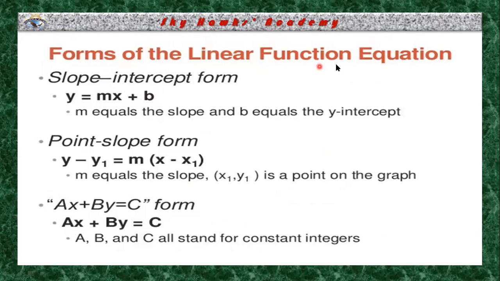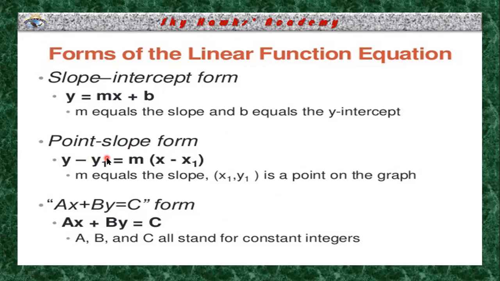Forms of the linear function's equation. Slope intercept form: y is equal to mx plus b, where m is the slope and b is the y-intercept. And point slope form. Sometimes the graph is given in this shape and we have to locate its mathematical equation.